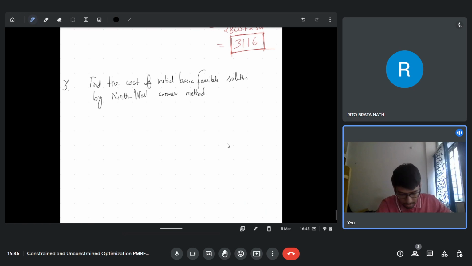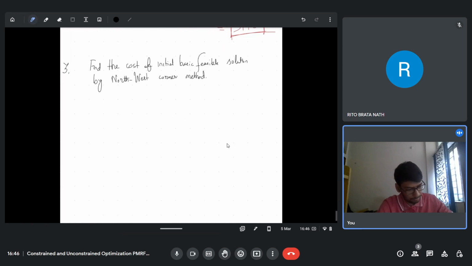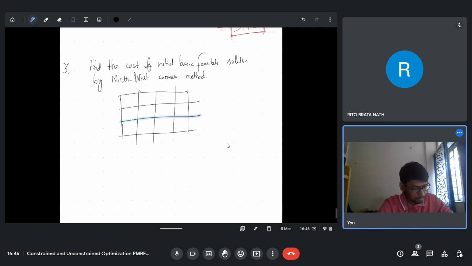Let's try to keep the numbers simple this time. Let me see how much of it is possible. Okay, so let's name the sources 1, 2, 3 and the destinations D1, D2, D3, D4.